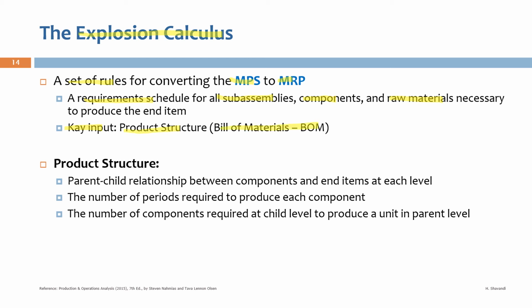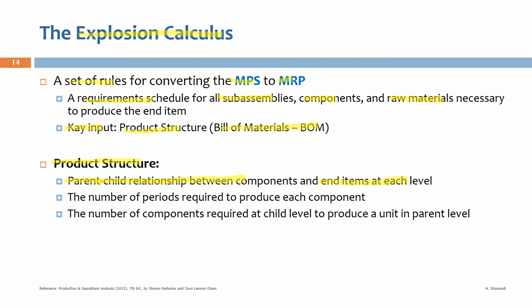So what do we mean by BOM, or product structure? Here we'll show all the components and sub-assemblies of an end item, like a chart with hierarchy levels. Because of that, we can say there is a parent-child relationship between the components and end items at each level.